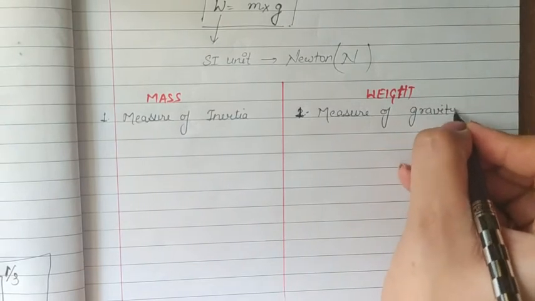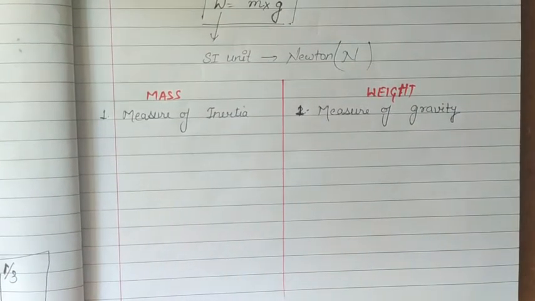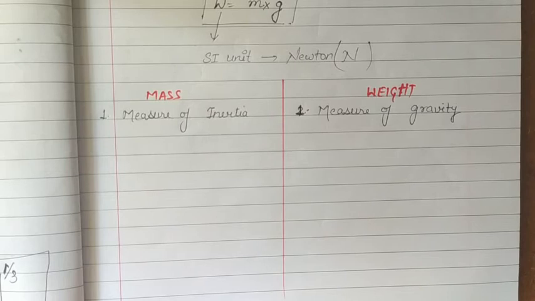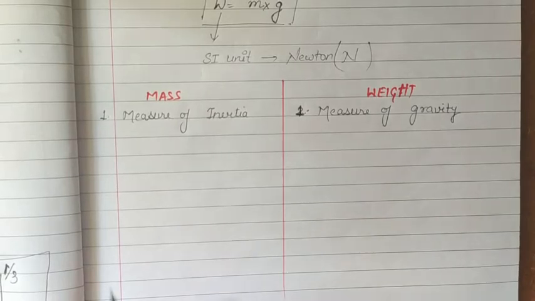Inertia is actually the property of that body to remain in its own state. So if a body has more inertia, that means it has more mass. It has more tendency to remain in its state. That is the thing. So mass is the measure of inertia and weight is the measure of gravity.